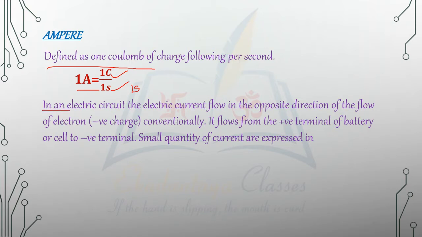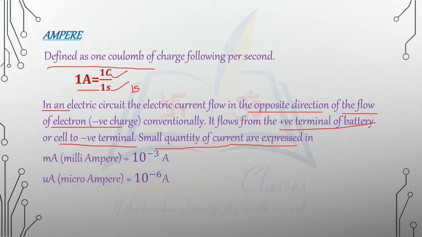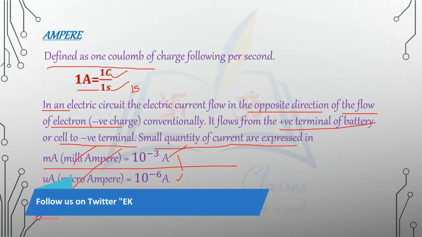Electric current flows in the opposite direction to the flow of electrons, which are negatively charged; conventionally it flows from the positive end of a battery to the negative terminal. A small quantity of current is expressed in 10 raised to minus 3 and 10 raised to minus 6, which is milliampere and microampere.